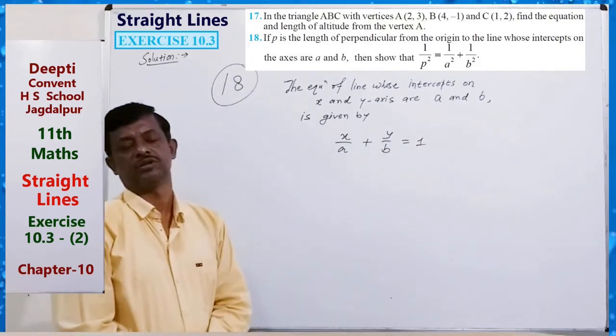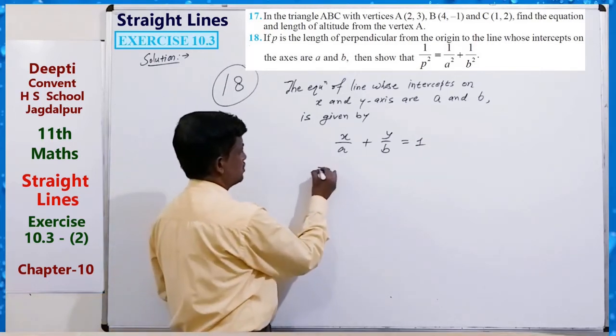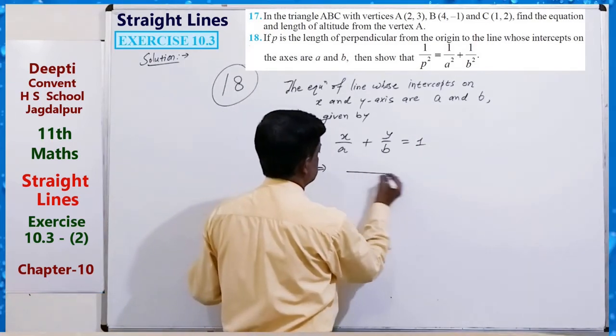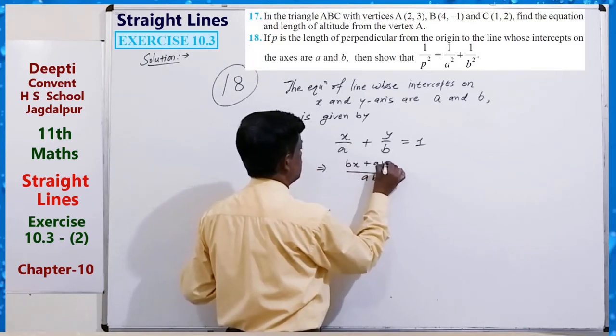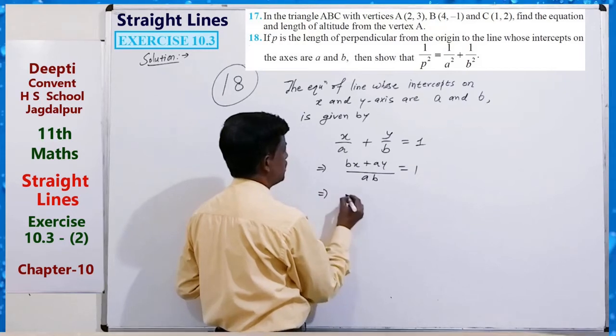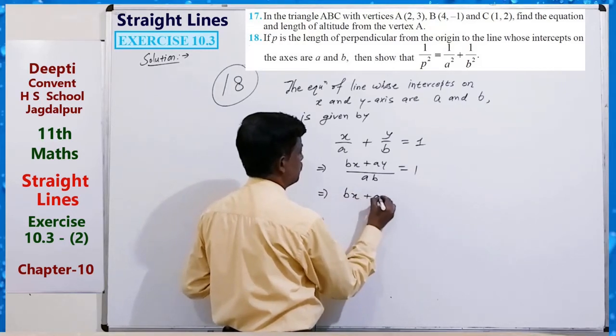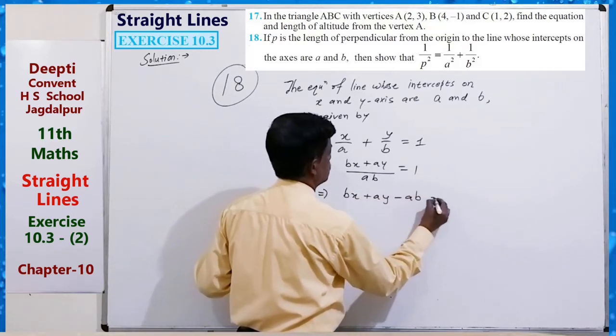This is the equation of the line. So it can be solved by taking the LCM: bx plus ay equals ab. So it can be written like this: bx plus ay minus ab equals 0.